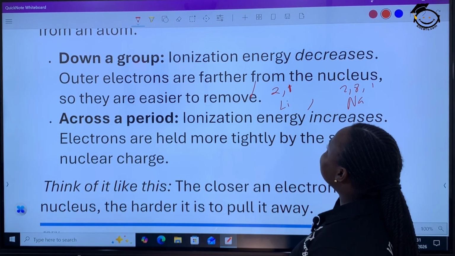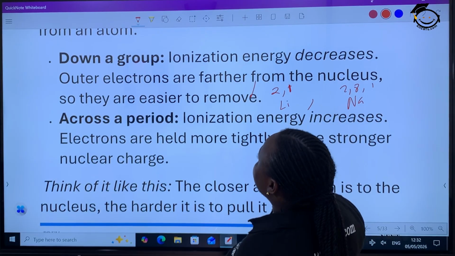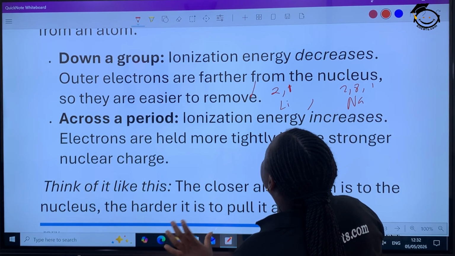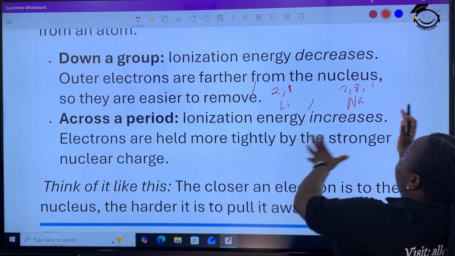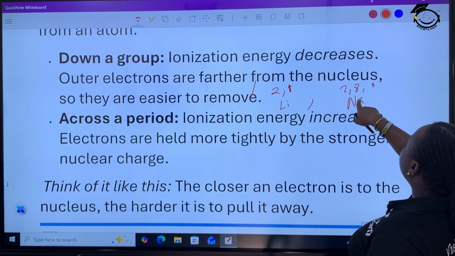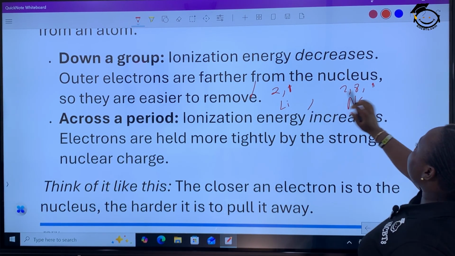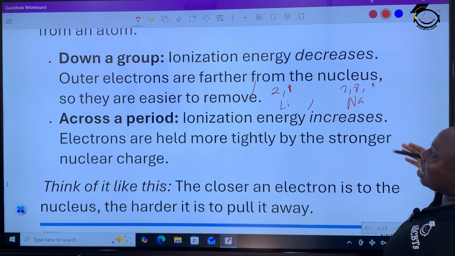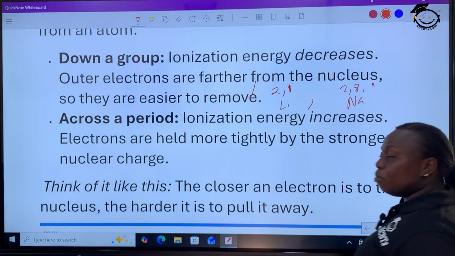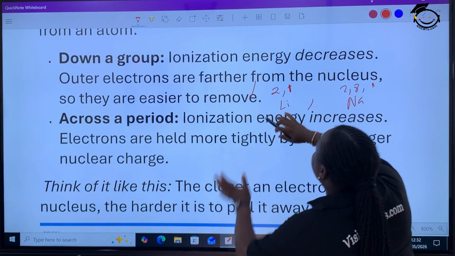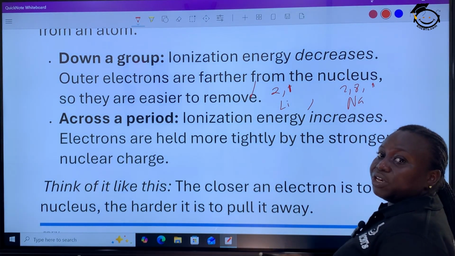The reason why it is decreasing is that the outer electrons are getting further from the nucleus. As we go to 2, 8, 1, the outermost electron is getting further, because more shells are being added.